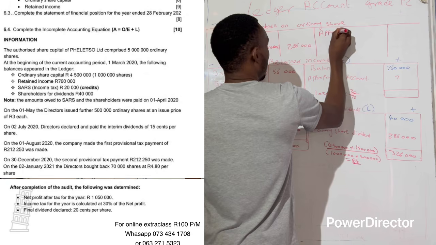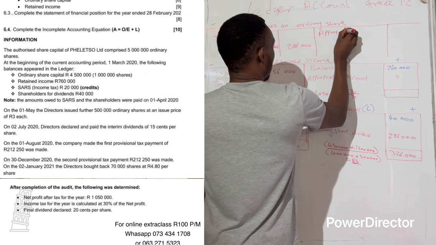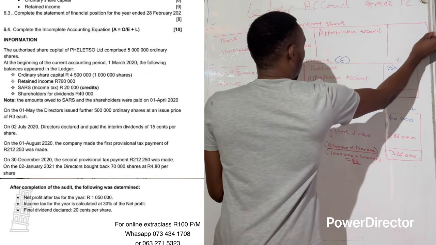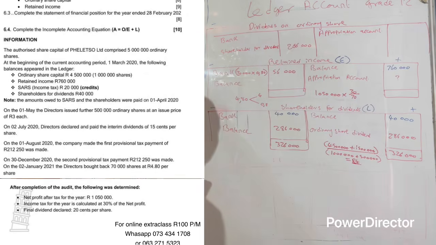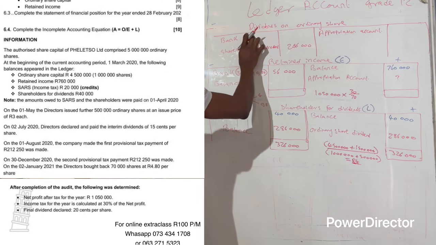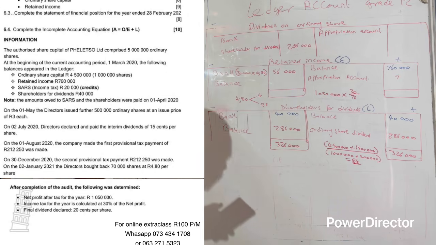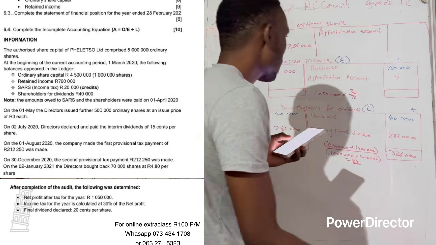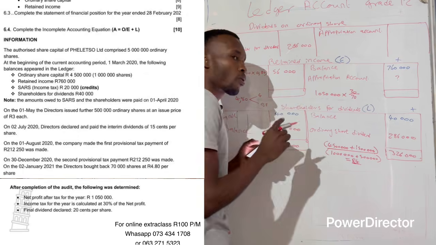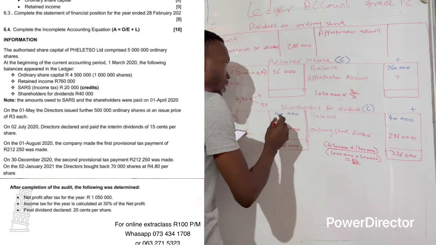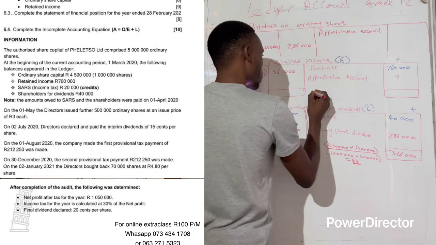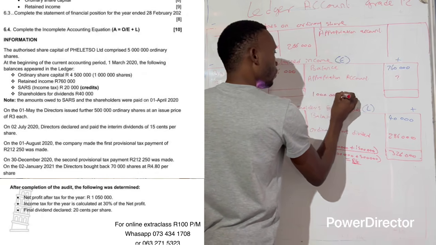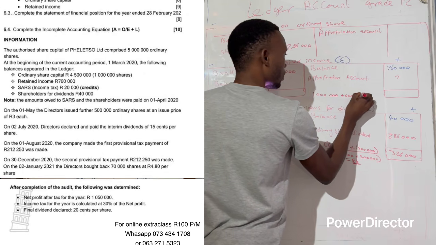We don't have an opening balance here. So now how to get this one? It's very easy. If you still remember, we did some calculation and we got 225,000. We say that you need shares at the beginning of 1 million plus 500,000 shares.